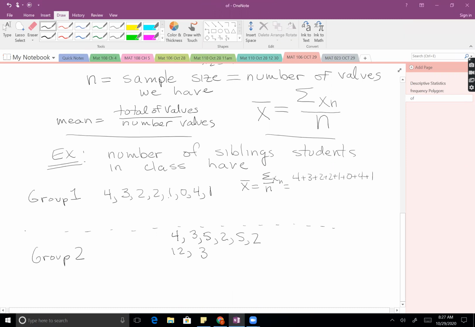There are 8 values, and I'm going to divide by 8. So what does that give me? The sum is 17, divided by 8, which gives me 2 and an eighth.